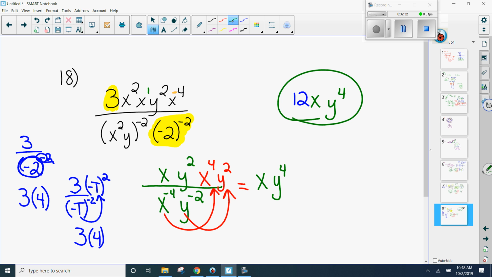In the numerator, you have negative 4, 1, and 2, which makes it to the negative first. So if I group these together, I get negative 1. Negative 1 plus 4 is 3. So it should be 12x cubed y to the 4th. Please correct that, because I missed that negative sign right there.